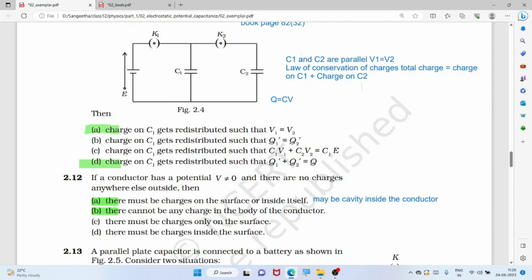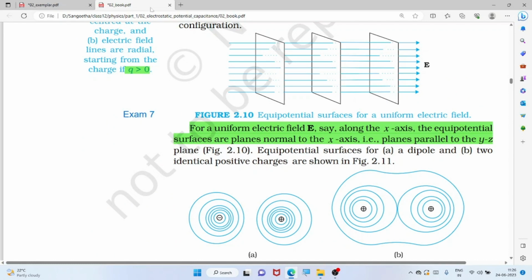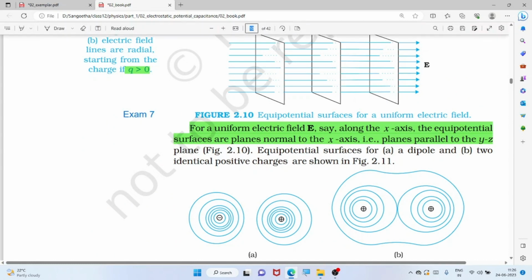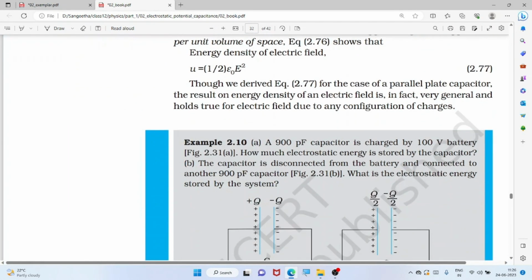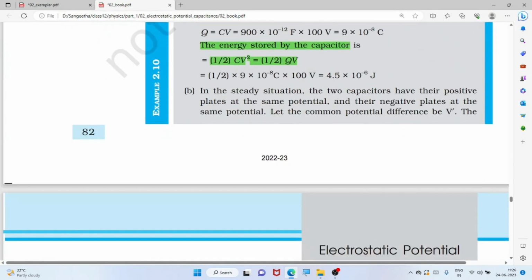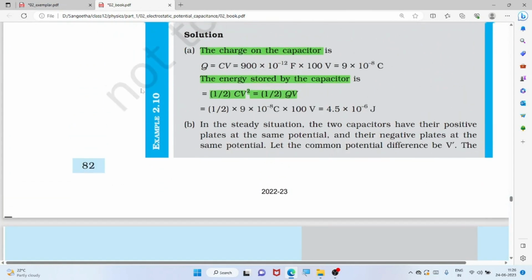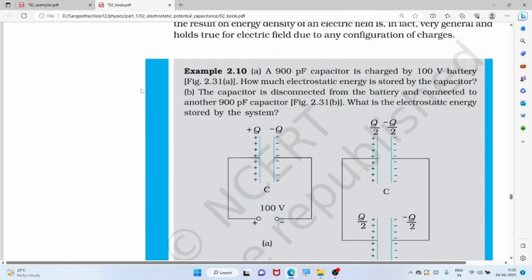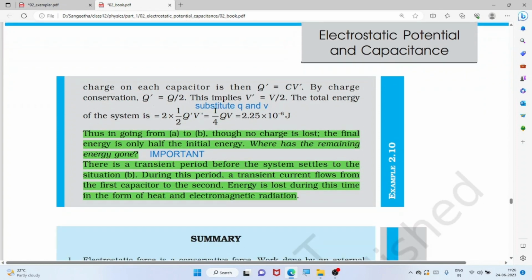Total charge is conserved: the charge on this capacitor plus the charge on that capacitor. The similar thing is given here, connecting two capacitors, and how the charge distribution takes place.